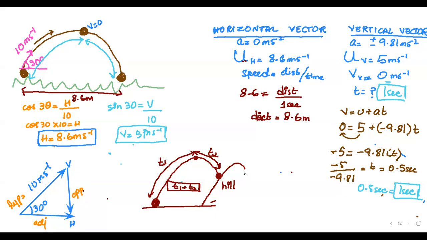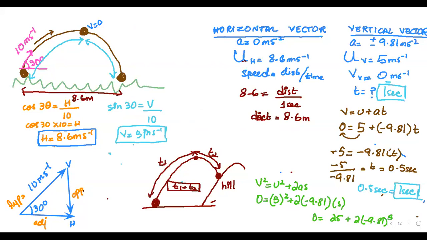So if I want to calculate the vertical height, I can simply go ahead and use the formula v squared equals u squared plus 2as. My final velocity at the top is 0. My initial velocity is 5. My acceleration is minus 9.81 because right now I'm talking about the ball going up. So 5 squared is 25. 0 equals 25 plus 2 multiplied by minus 9.81 multiplied by s.